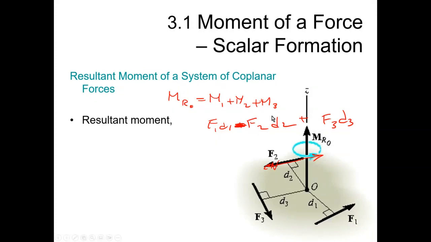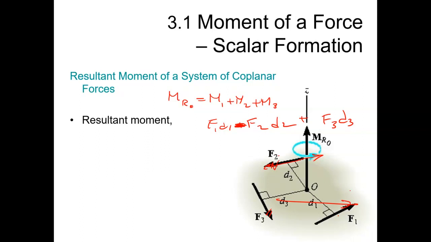So is there another way of doing this? Yes, a more effective way is, before I go to the rotation, I could combine F1, F2, F3 into one single force. I call this a resultant force.